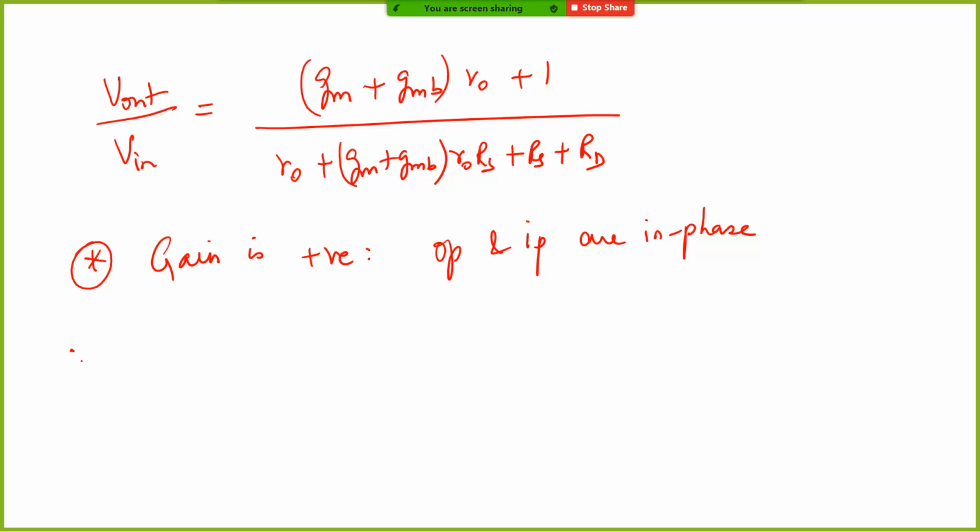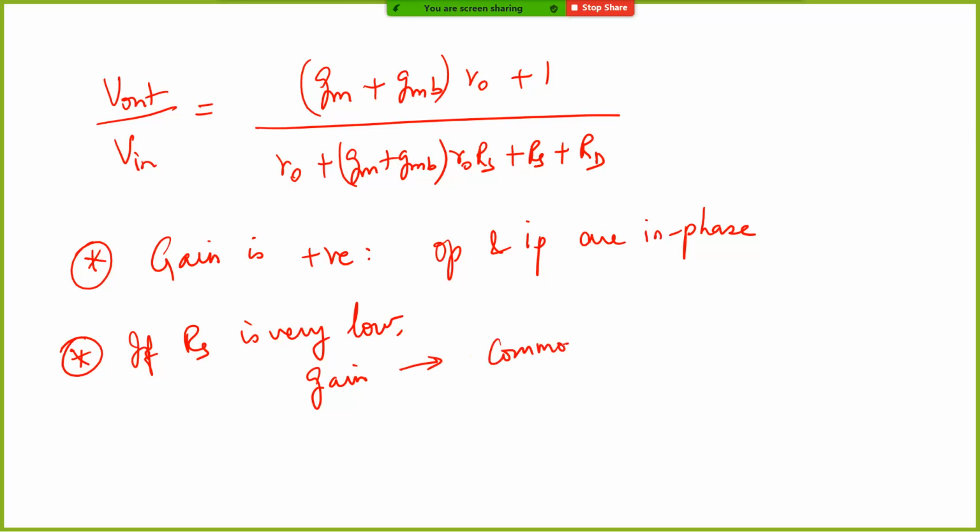If Rs is very low, if it's a fairly good sensor, or if the previous stage is a good voltage amplifier, the internal resistance is lower. So if Rs is low, then the gain expression tends towards a common source expression. So the gain will be more.